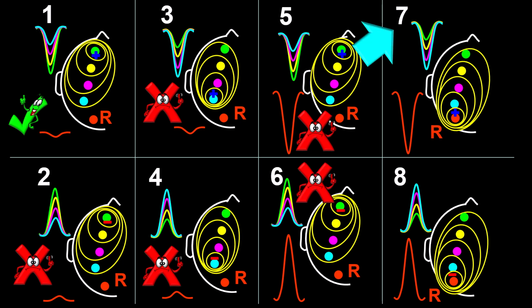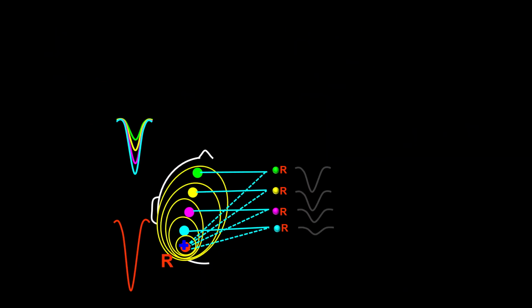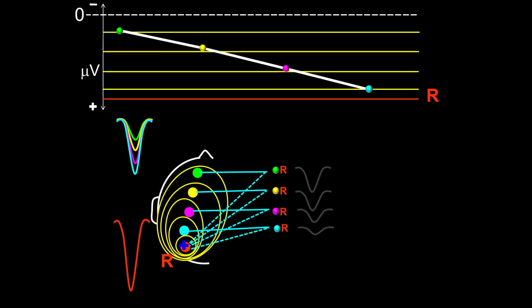Next, we must consider option 7. Option 7 consists of a maximal positive polar field referred to a maximal positivity. This frame represents the isopotential map and the wave corresponding to option 7 and the wave in question. In this frame, I have added the corresponding polarity graph. Remember that the polarity graph is represented as if all electrodes are being viewed from the zero line.